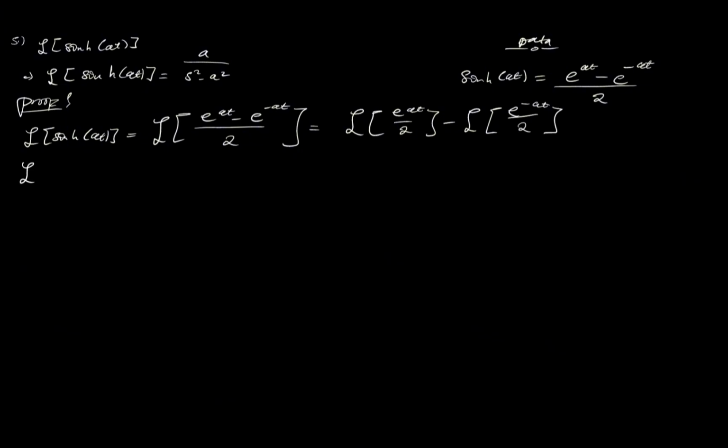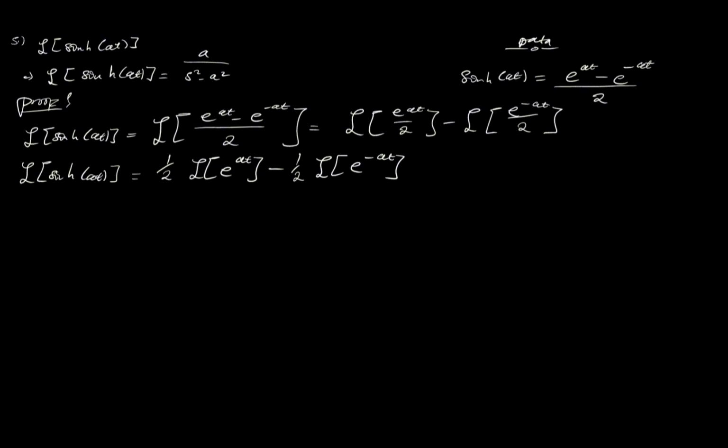Therefore, the Laplace of sinh of the argument at is equal to, if we factor out the constants, 1 over 2 times the Laplace of e to the at, then minus 1 over 2 times the Laplace of e to the minus at.